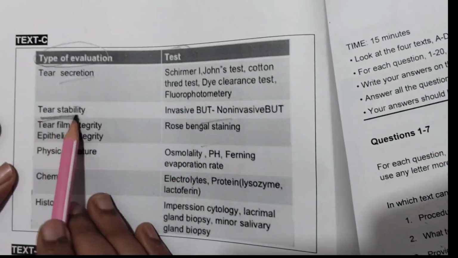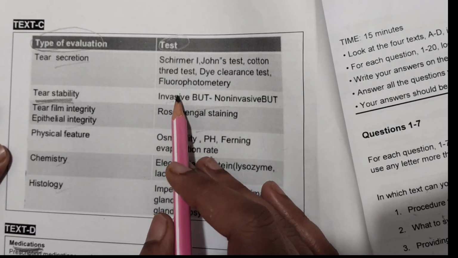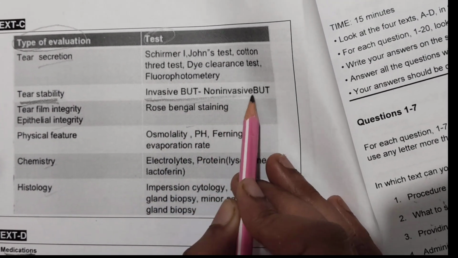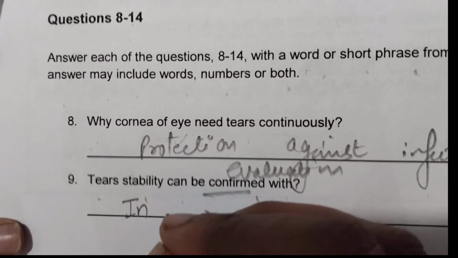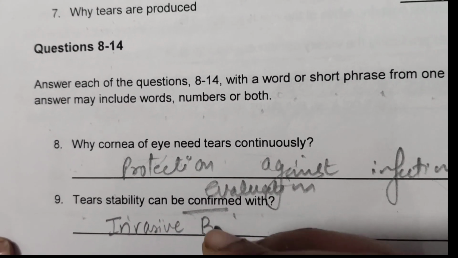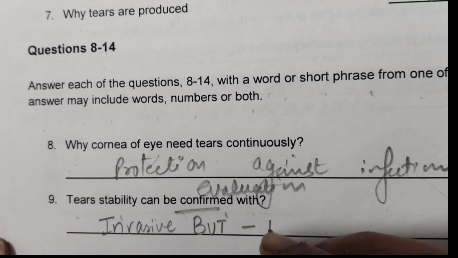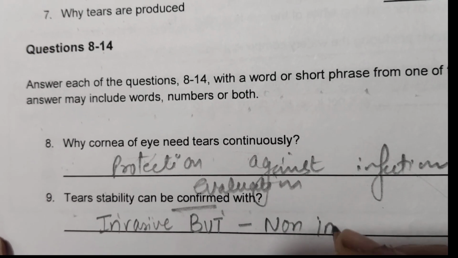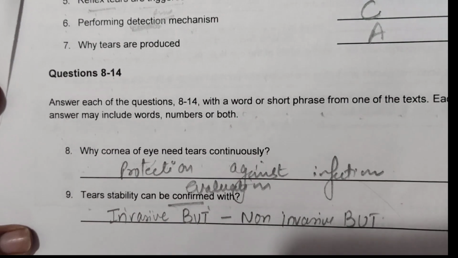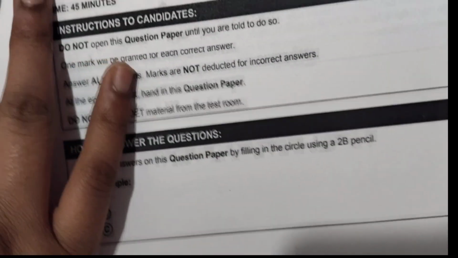Here point second. Okay, so the test which is used to confirm is invasive BUT or non-invasive BUT. So directly we can copy from the paragraph. Okay, invasive BUT, hyphen, non-invasive BUT. Okay, like this we can search the answer.